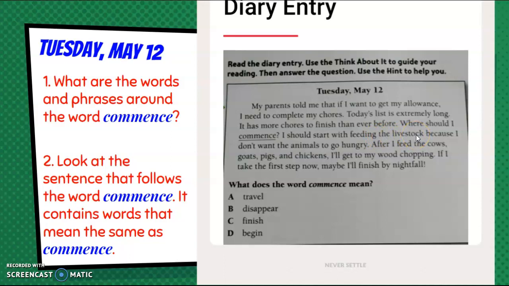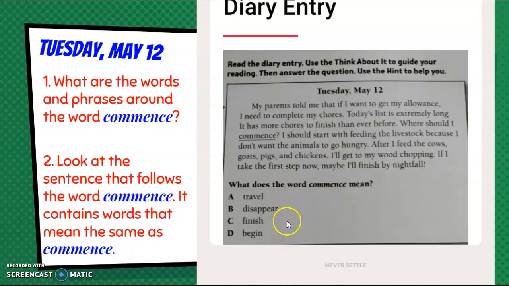So in my mind, I'm thinking that sure is close to the word that I'm trying to determine the meaning of. The question that I'm asking myself is, where should I commence? I have all of these chores that I have got to finish today. And so I'm asking myself, where should I commence? So in my mind, I'm thinking, where should I start?